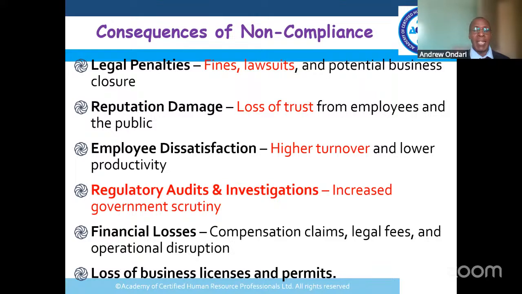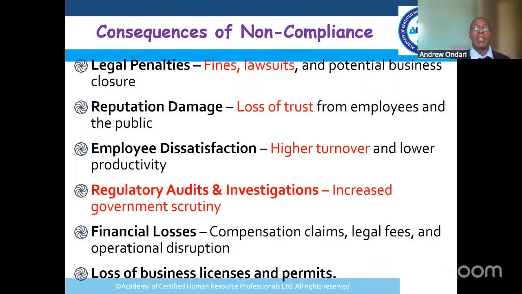Probably some of us are legal experts, and you know that if you don't comply with the requirements of a legal expert, you may have your license struck off the legal practice list. And this can be done by LSK. The Law Society of Kenya can suspend your permit, you can suspend your license as an individual or as an organization.